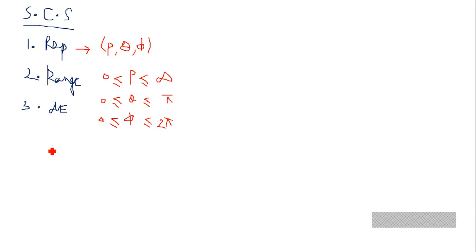Now I am going to concentrate on the differential elements like dl, ds and dv also. Friends, I am not going to draw very big drawings. The same style I used for the cylindrical coordinate system is applicable for spherical also. First I am writing its representation: rho, theta, phi.